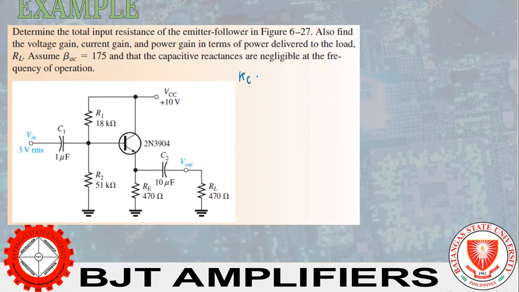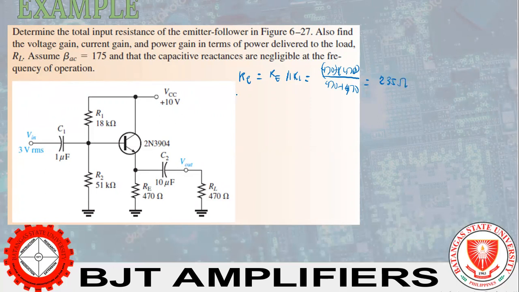Si RE natin ay equals kay, so, parallel. So, RE ay parallel ng RE and RL. So, we have 470 times 470 over 470 plus 470, and that would be equals to 235. O parang i-divide lang natin sa 2.